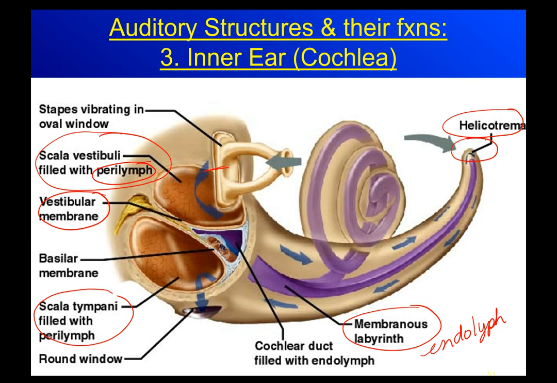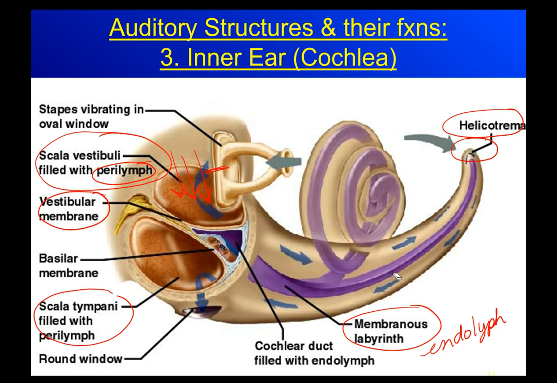So when this stapes vibrates on top of the scala vestibuli, it creates waves in the perilymph. And depending on the pitch, whether it's high pitched like Minnie Mouse or low pitched like Barry White, it kind of determines where it crosses over to come back this direction.